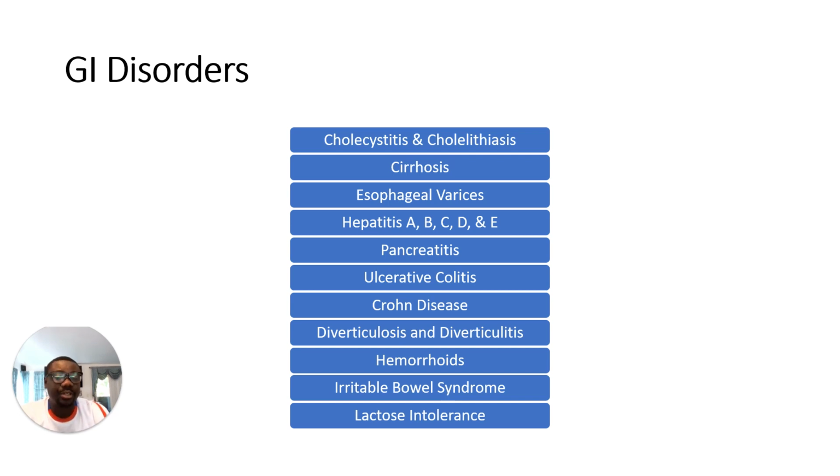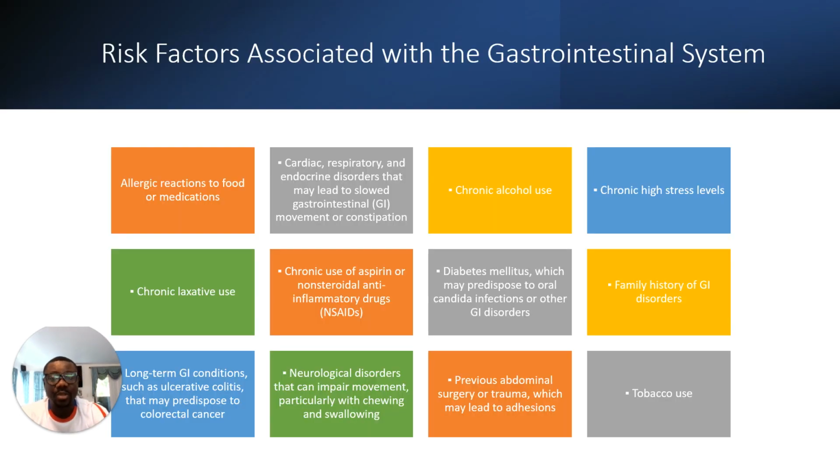We have diverticulosis, diverticulitis, we have hemorrhoid conditions, you have IBS, the irritable bowel syndrome, you have lactose intolerance. Now, these different bowel diseases or GI conditions are very important for the NCLEX. We have to make sure we look at them and know them very well.